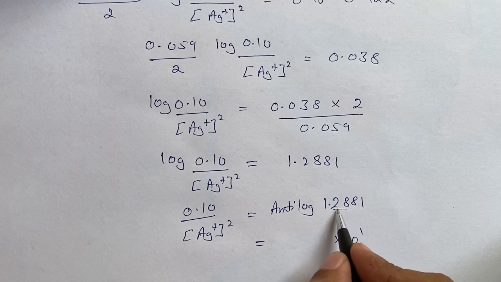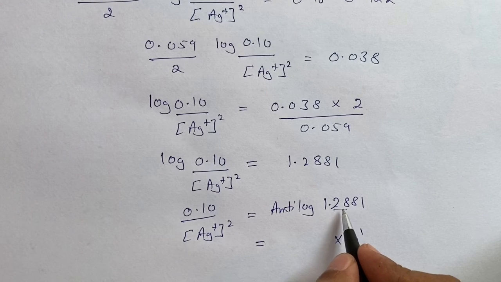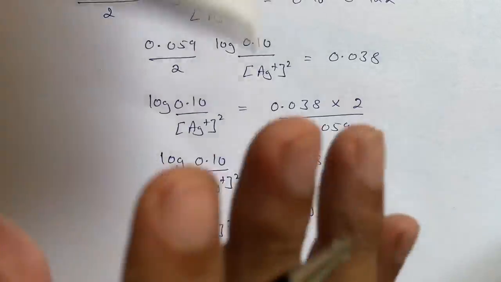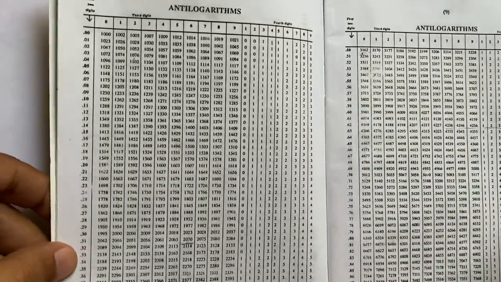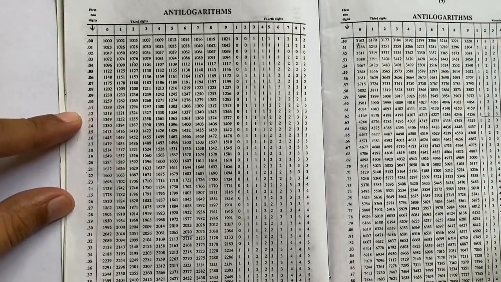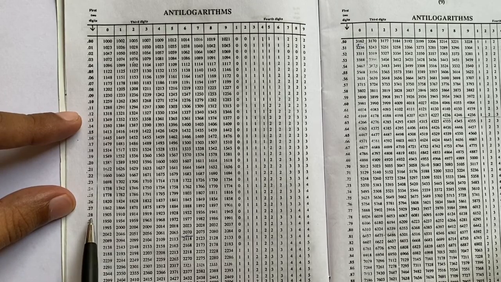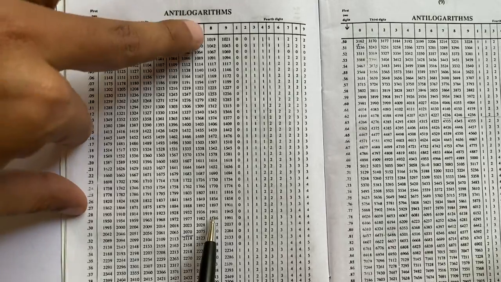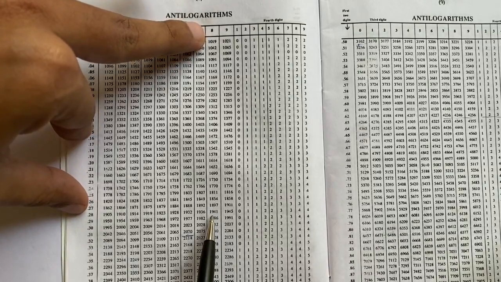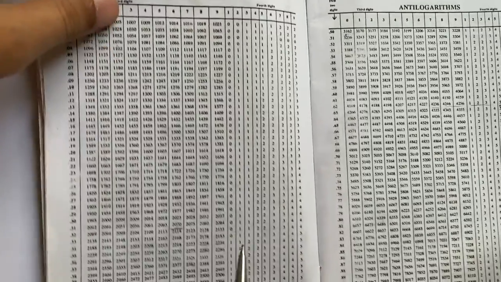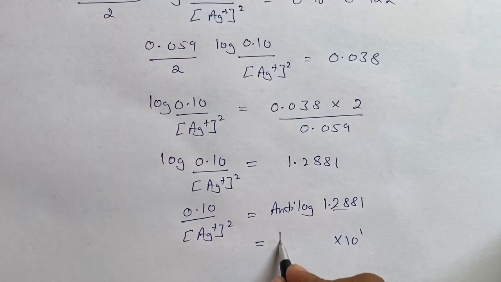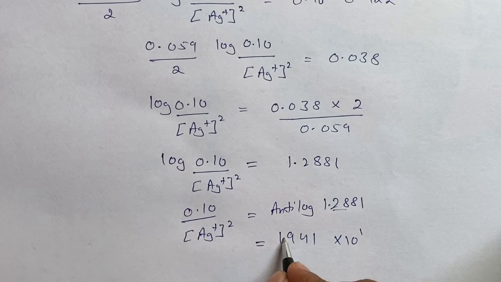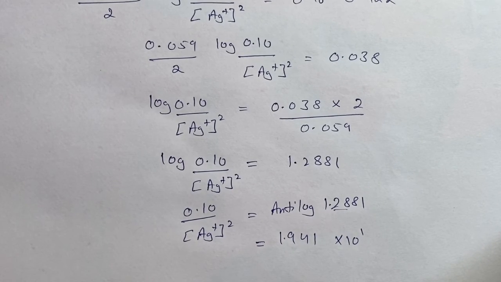Now look for the combined values in the log table. As I show you, this is the anti-log table. The value of 0.28 is over here, 28 under 8. It comes out to be 1941. Always remember to put the point after the first digit.